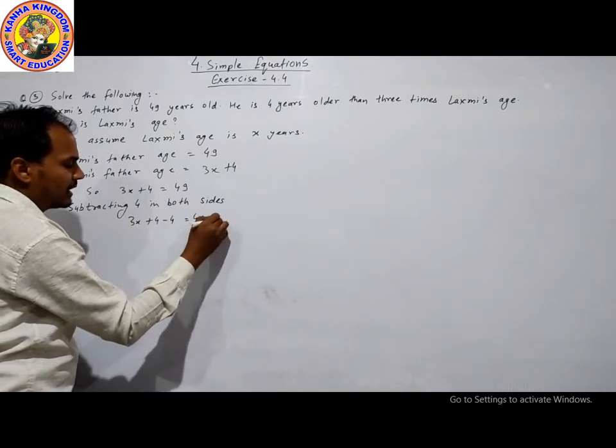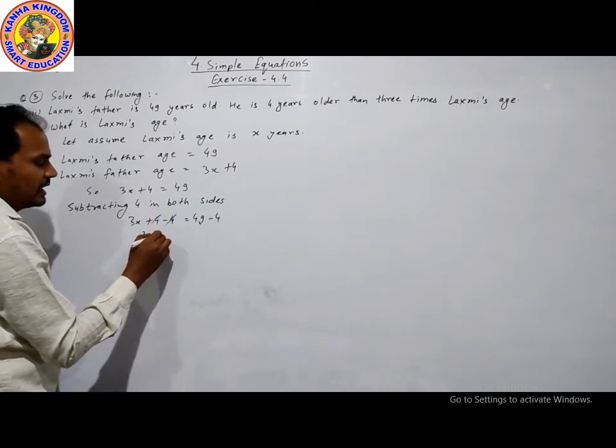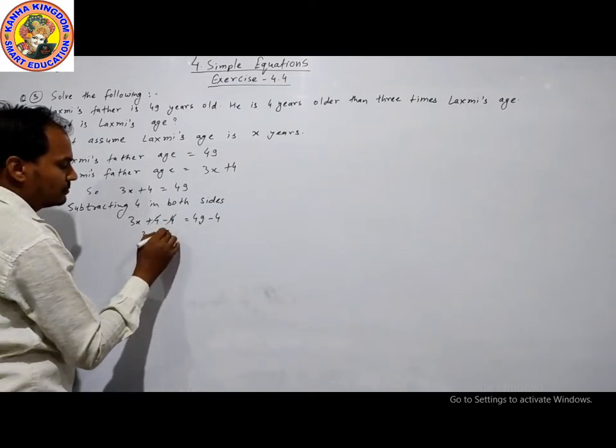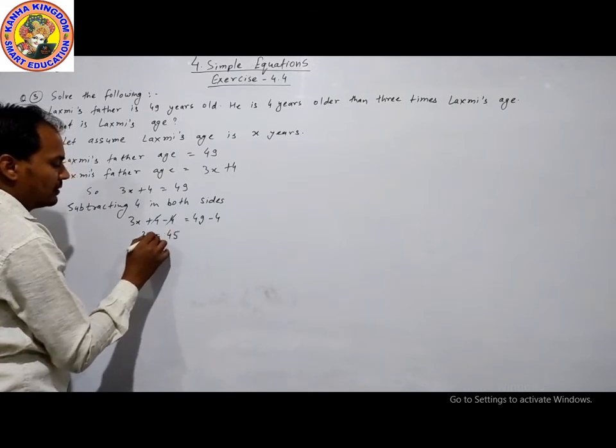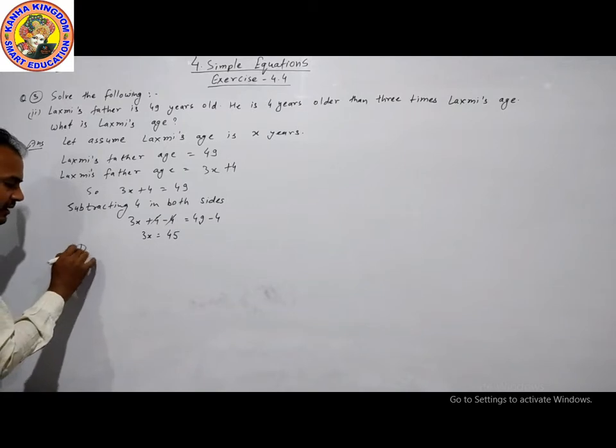3x plus 4 is equal to 49. We will subtract 4. 4 and 4 cancel. 3x is equal to 45. Now here is multiply by 3, so we will divide by 3.